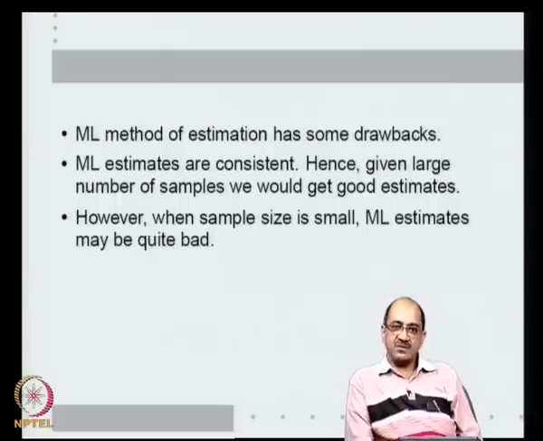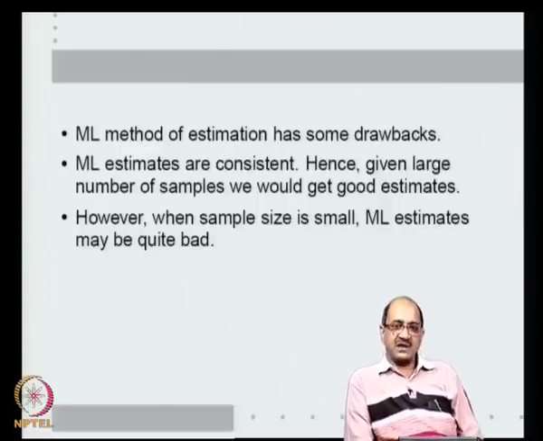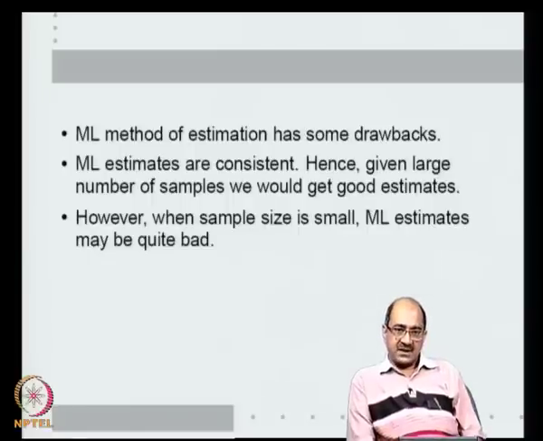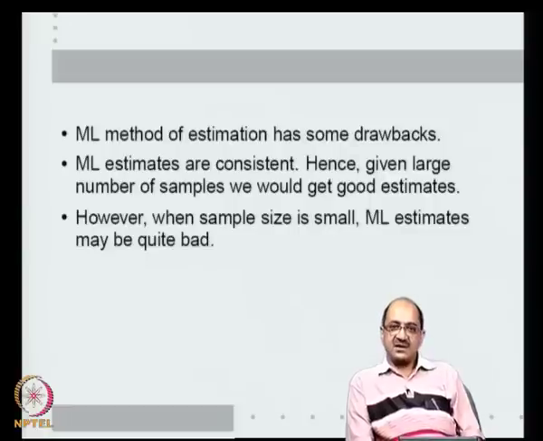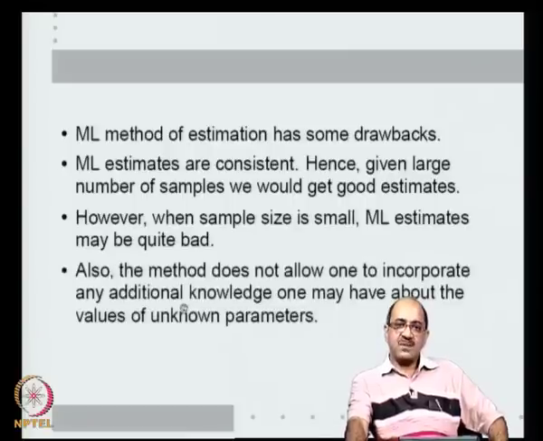ML estimate is the sample mean, as we have seen for the Bernoulli random variable. Now, that is obviously not very good. I know that the coin is not biased to that extent, but I can do nothing, because for small sample size, that is how the ML estimate turns out to be.